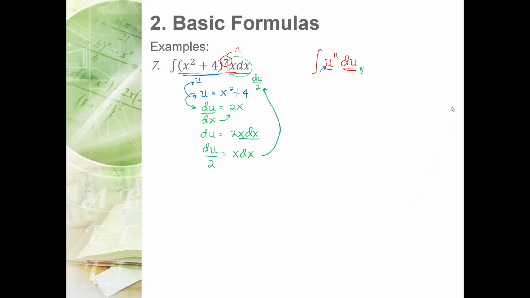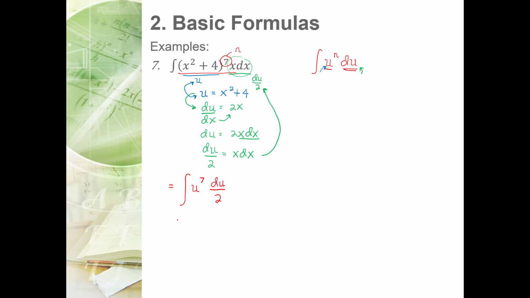Okay, so since we replaced everything with the given variables, we have u to the power of 7, and then x dx is now du all over 2.